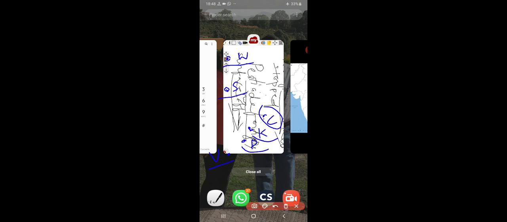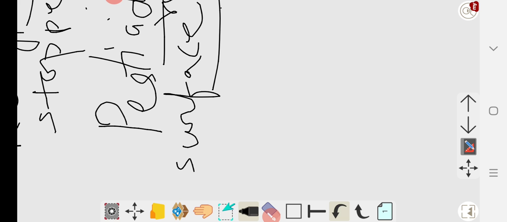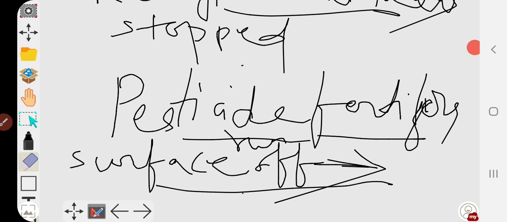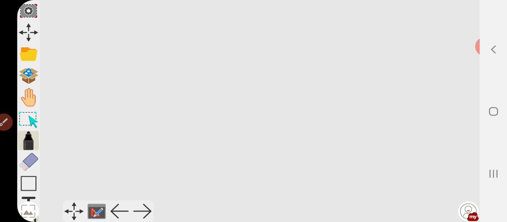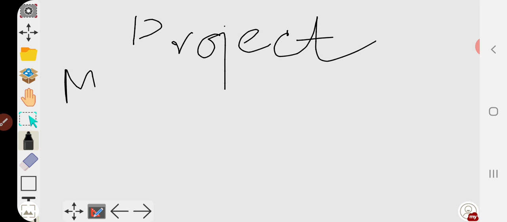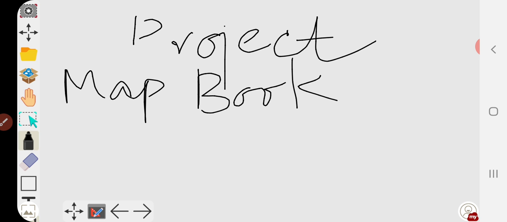Now it is very important to know one thing. It's related to your project work. You got a map book. I have completed the 3 chapters.